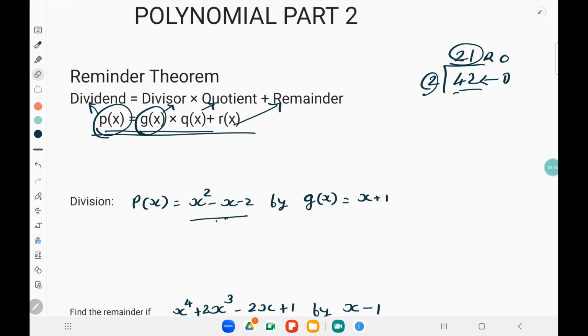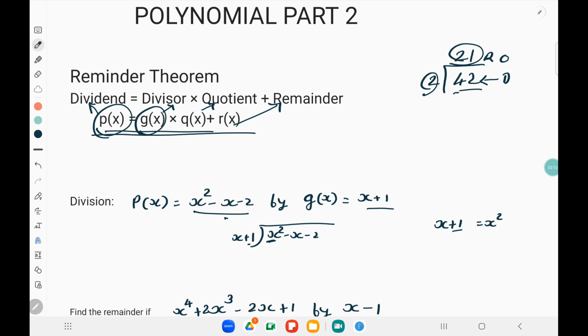So when we are given this polynomial and asked to do the division, simply here x square minus x minus 2, divided by x plus 1. First of all, x plus 1 times what gives us x square? We want the x square.